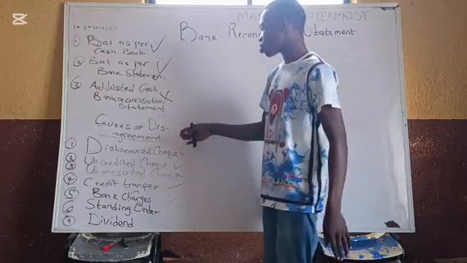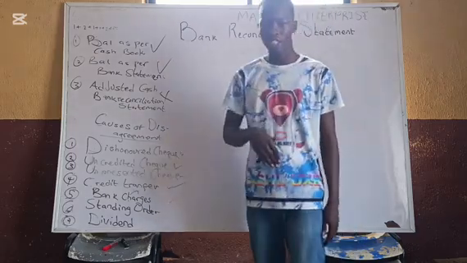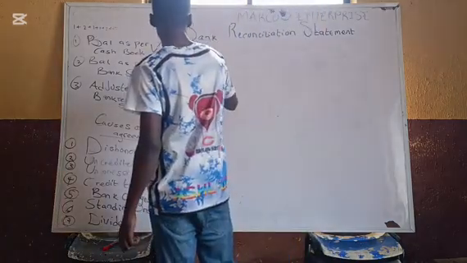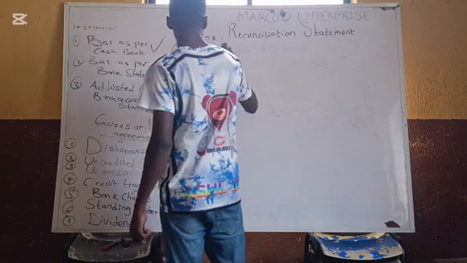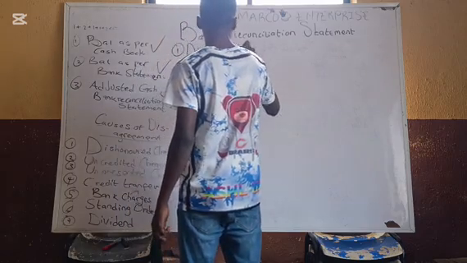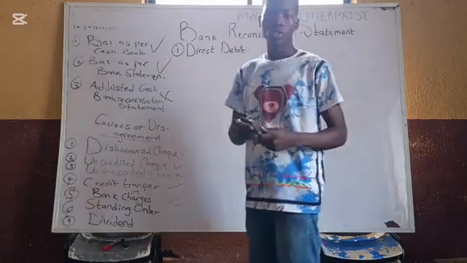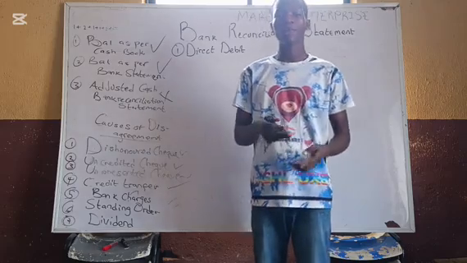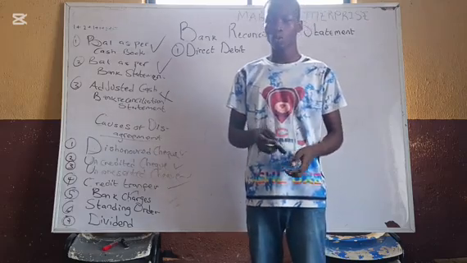Now let's look at some other causes of disagreement. So we have direct debit. So now you have authorized the bank to make payments to your creditor.